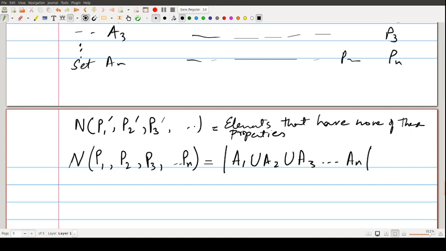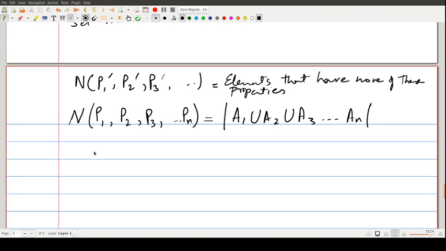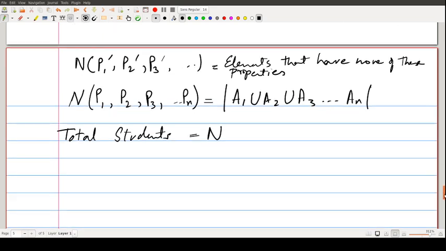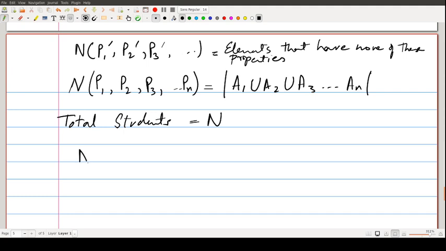So I can state the inclusion-exclusion principle. If the total students is equal to n, then I can think about the students who've perhaps not completed any courses, the ones with none of P1 dot dot dot Pn, which is the same as n minus this union.